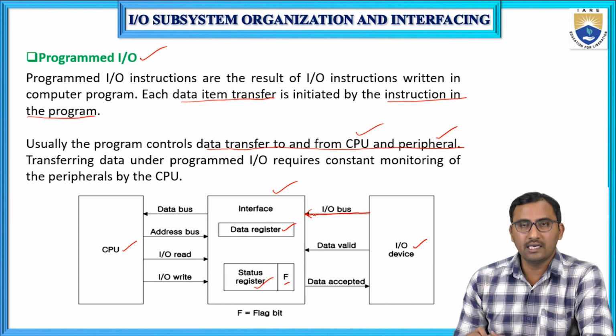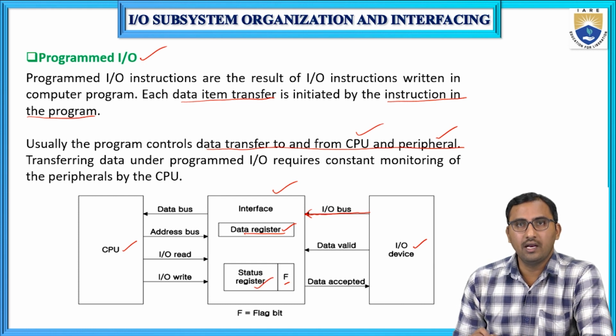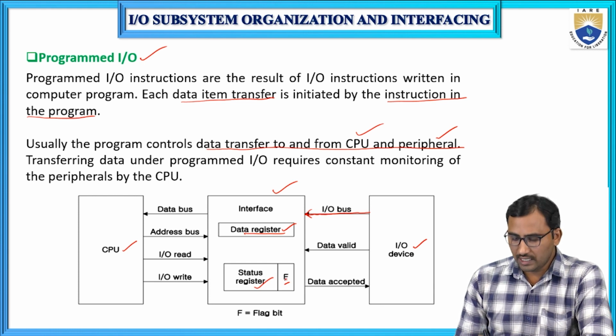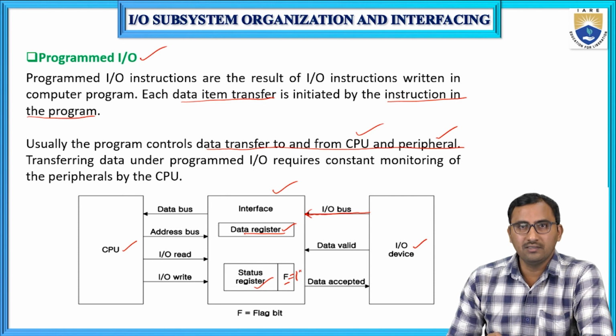Whatever the data is sent by the I/O device will be stored in the data register. And we have a status register which indicates whether the data register contains valid data or not. If the status register F is equal to 1, that means the data register contains some data.